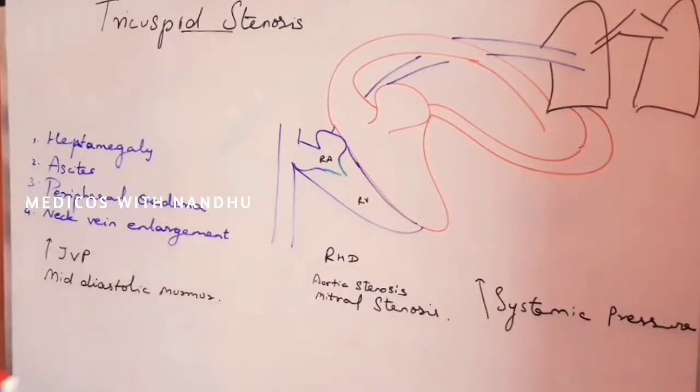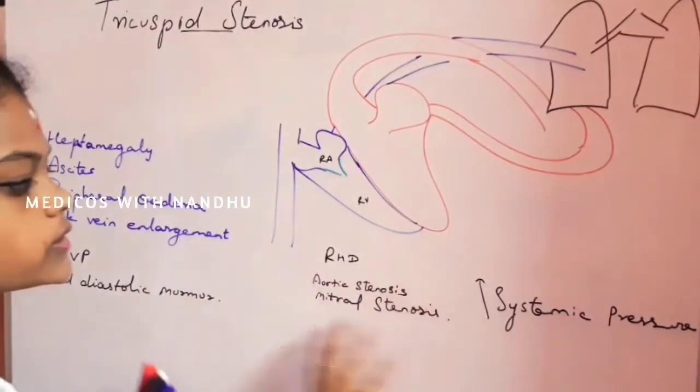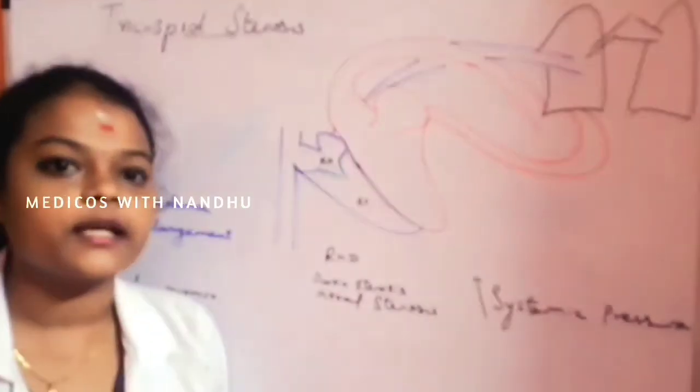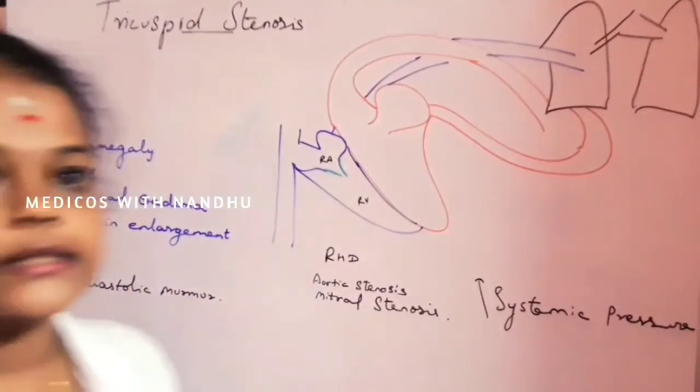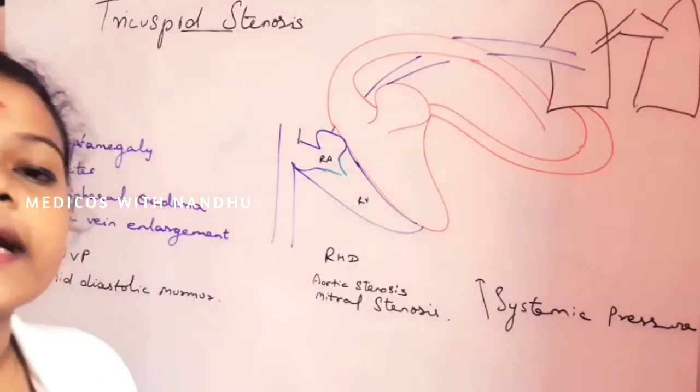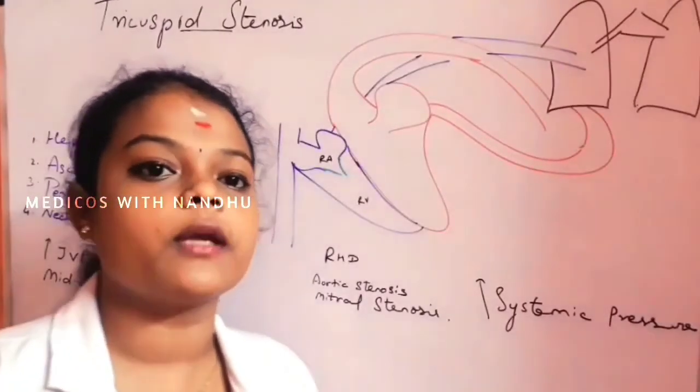For management, we treat aortic stenosis and mitral stenosis if they are associated. We can give diuretics, digoxin and anticoagulants to reduce the risk of systemic embolism.